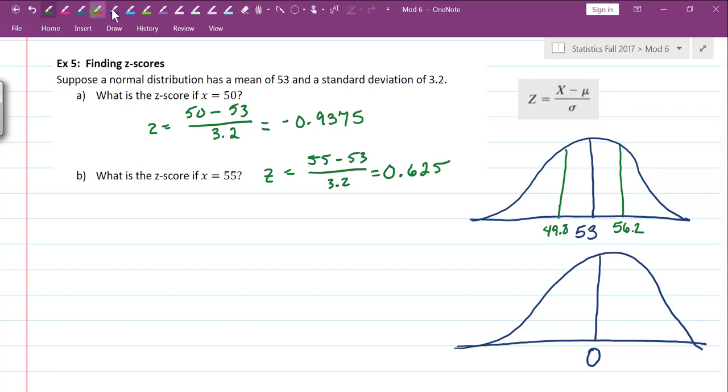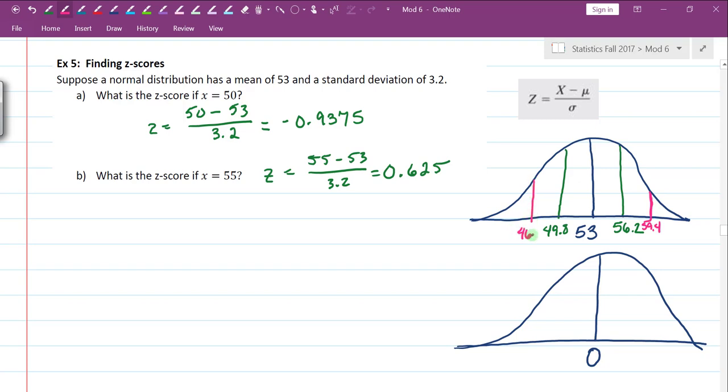Now if I wanted to go to 2 standard deviations away from my mean, I would say that 2 times 3.2 plus 53, that gives me 59.4. So right here is going to give me 59.4, okay? It's 59.4. So if I want to go 2 standard deviations below the mean, that is going to give me 46.6.